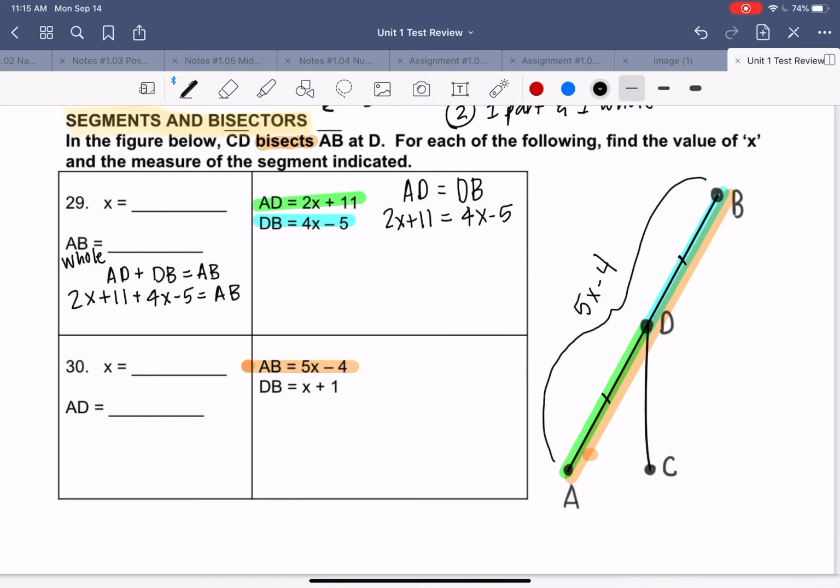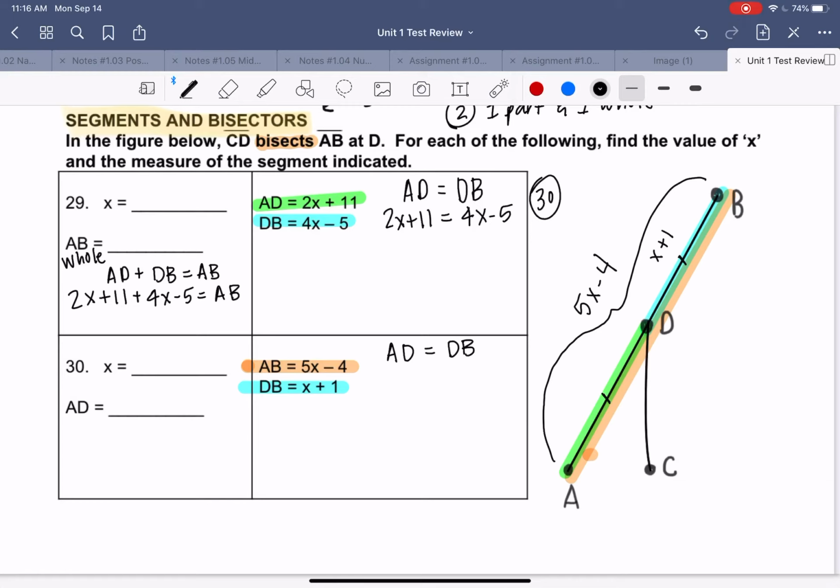Okay, so this is what I'm writing for number 30. It says that DB, actually go back, write it in blue because it's already highlighted in blue, is x plus 1. So this little section right here is x plus 1. Okay, so we've already stated that AD equals DB. Okay. All right. But it gives us a whole.